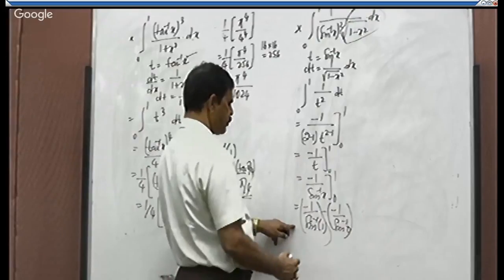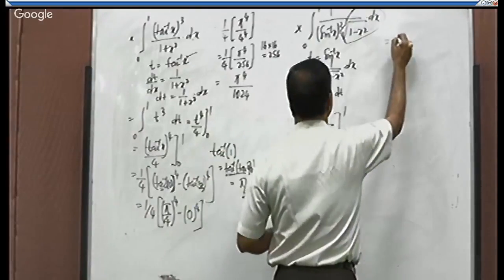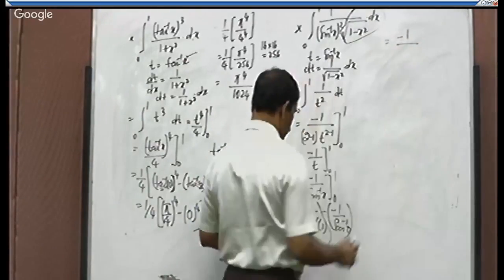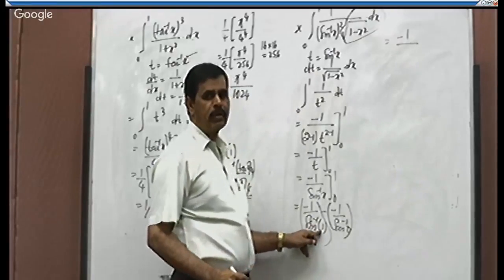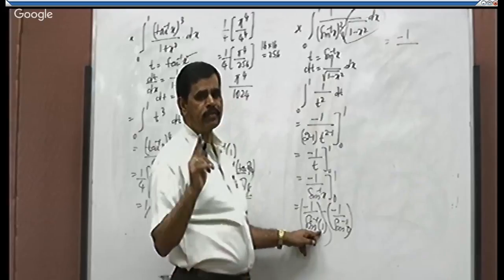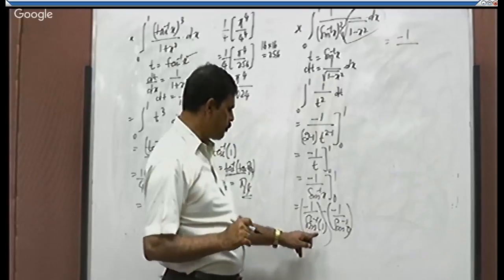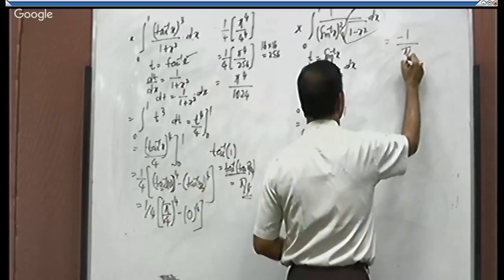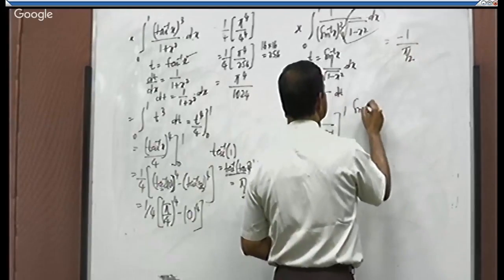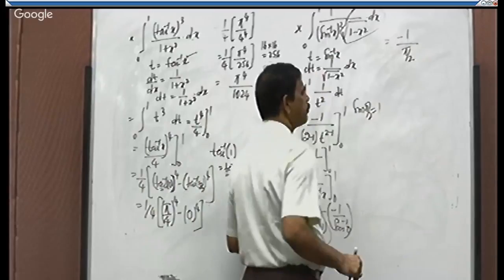Simplify this. Minus of 1 divided by sin inverse of 1. For what value of sin will you get 1? As we know, sin 90 is 1, so here we will have 90 or pi by 2, because sin pi by 2 is equal to 1.